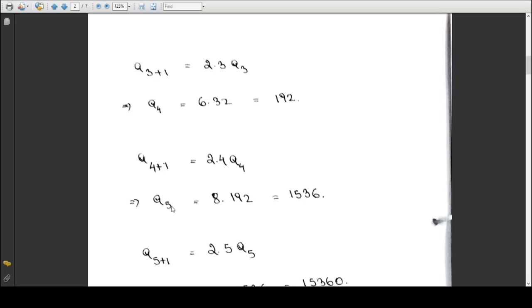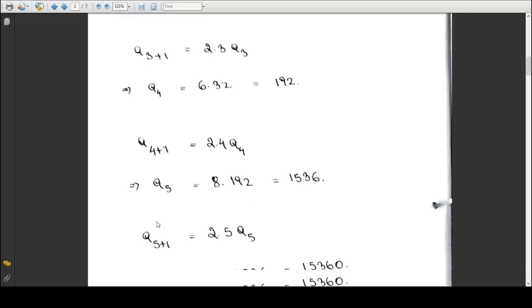Now 4 plus 1 is 5, that is a_5. 2 multiplied by 4 is 8, and a_4 is 192. Putting the value of a_4 as 192, we get 1536 as the product of these two.